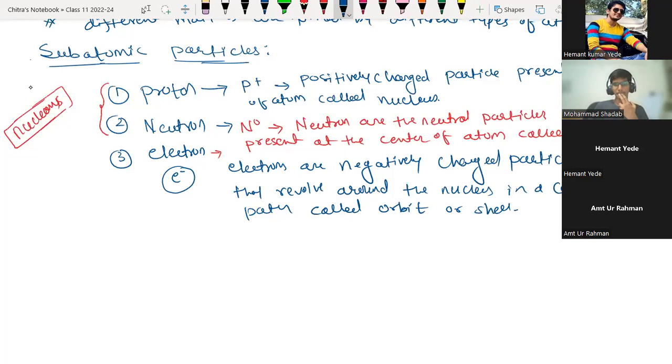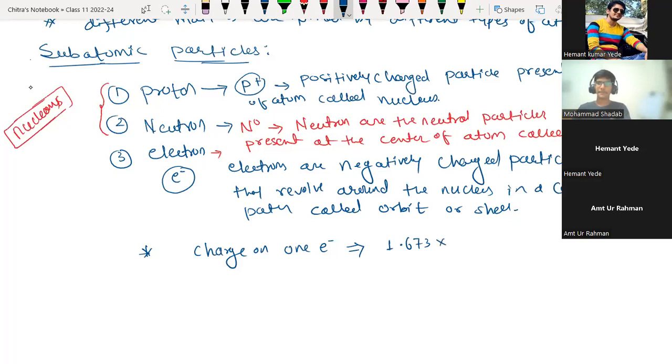Now a very important thing I'm going to write here. The proton is positively charged and the electron is negatively charged, so they must carry charge. Who knows the charge on one electron? It is 1.6 into 10 to the power minus 19 Coulomb.